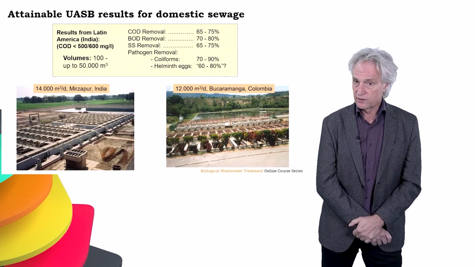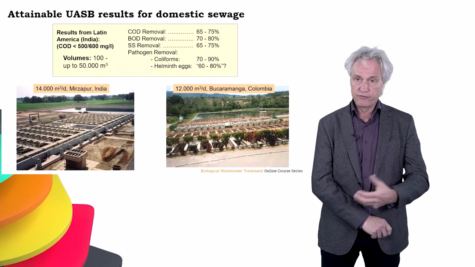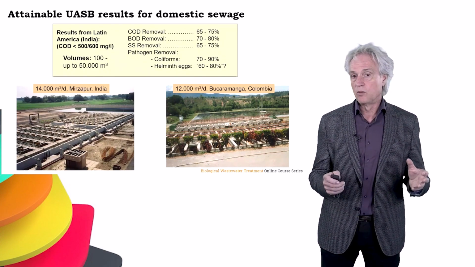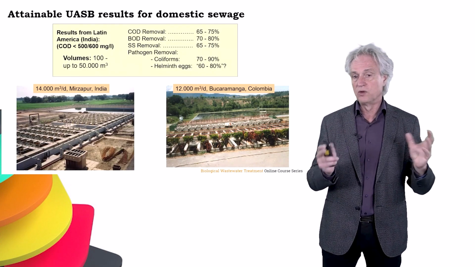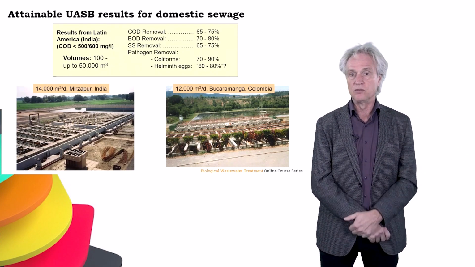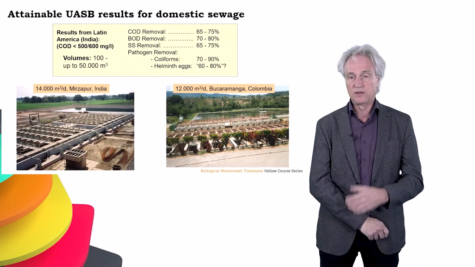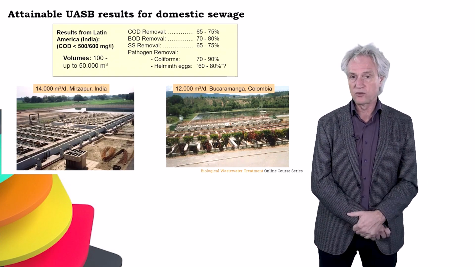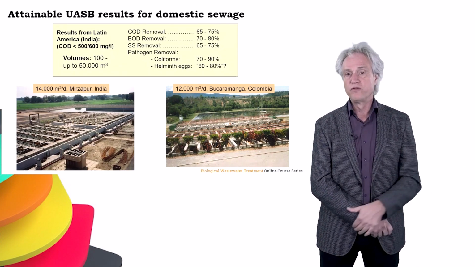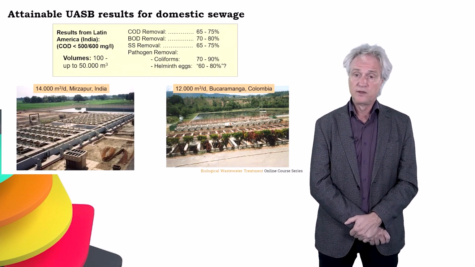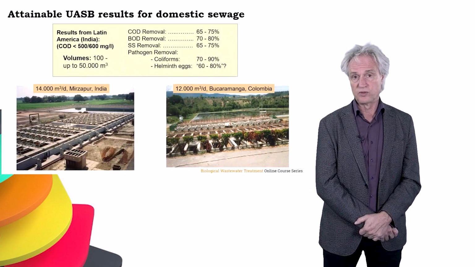After these decades of development and decades of experience, we can more or less come to an efficiency for COD, BOD and suspended solids in full-scale application. Now this is a range of removal efficiency that you may expect in the implementation of municipal sewage treatment.